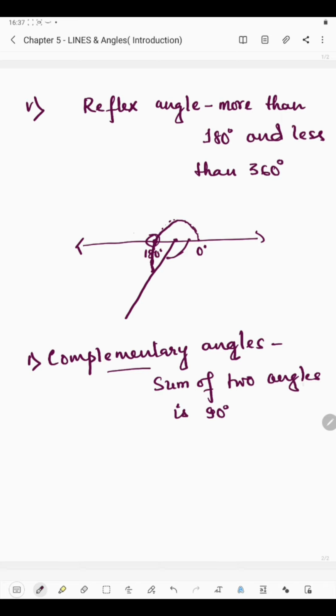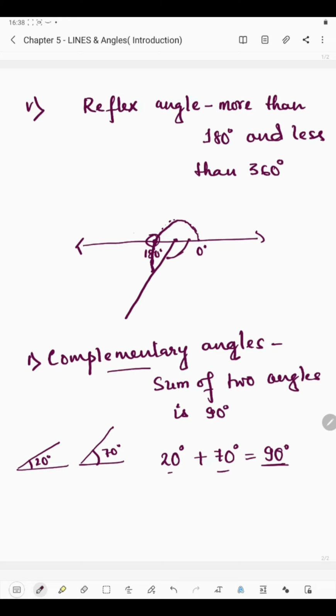Now suppose I take one angle, say 20 degree, and another angle, say 70 degree, then the sum of these angles makes 90 degree. So these two are complementary angles. Okay, suppose this is 20 degree and this is 70 degree.